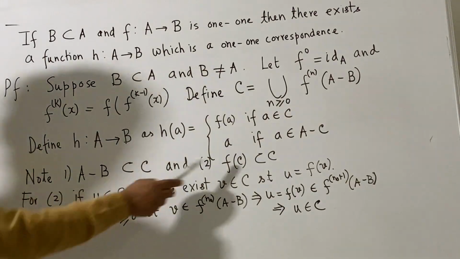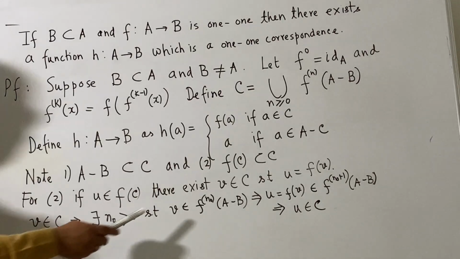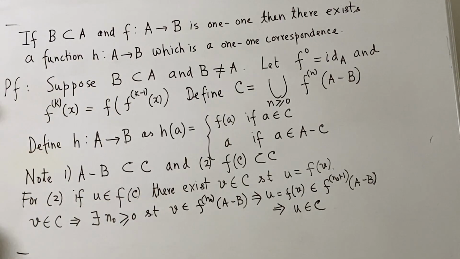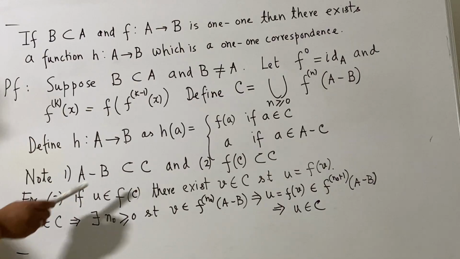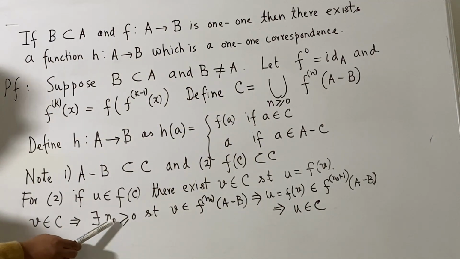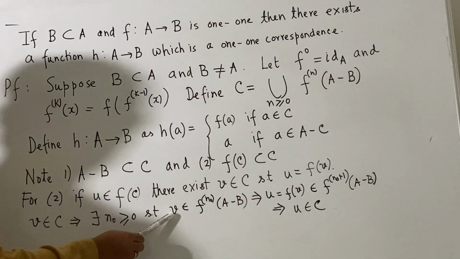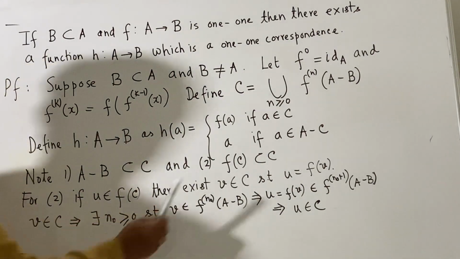Now for the second part, f(C) is a subset of C. If we take a point u in f(C), then there must exist a point v in C such that u is equal to f(v). That is by the definition of f(C). Now, since v belongs to C, by the definition of C, there must exist an n0 greater than or equal to 0 such that v belongs to f^n0(A minus B).